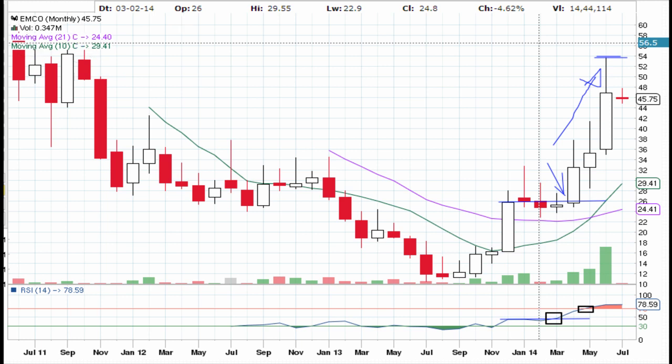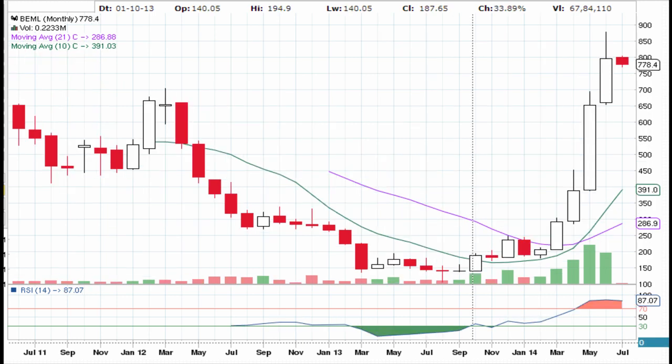Take a look at another one here. This time we are looking at BEML. I don't know what these companies do. I'm just looking at them from a technical standpoint. There was a move to 3-year highs in the RSI. There was a price breakout here, price at about 240. That was a breakout right there.